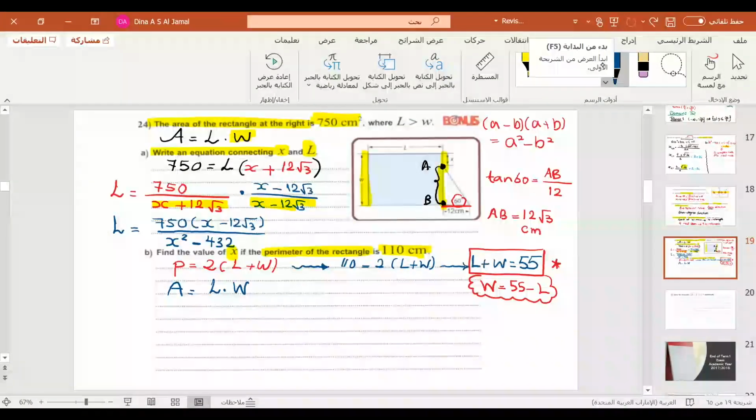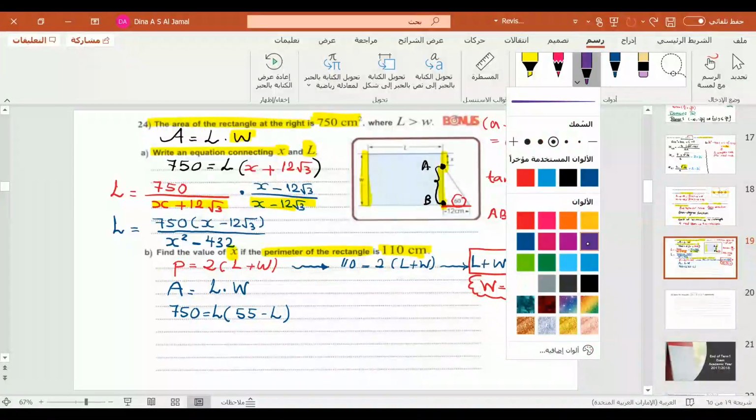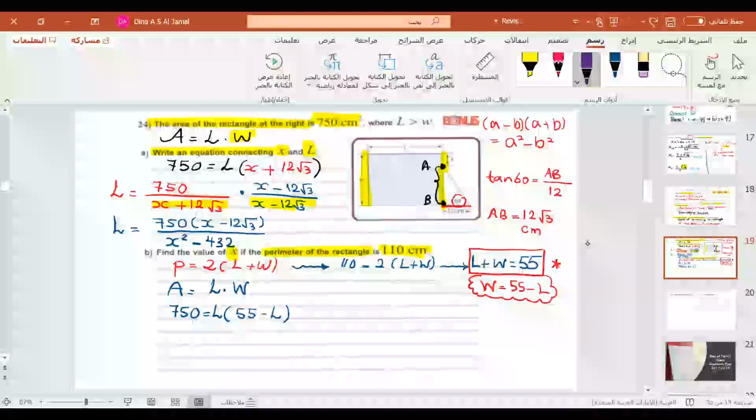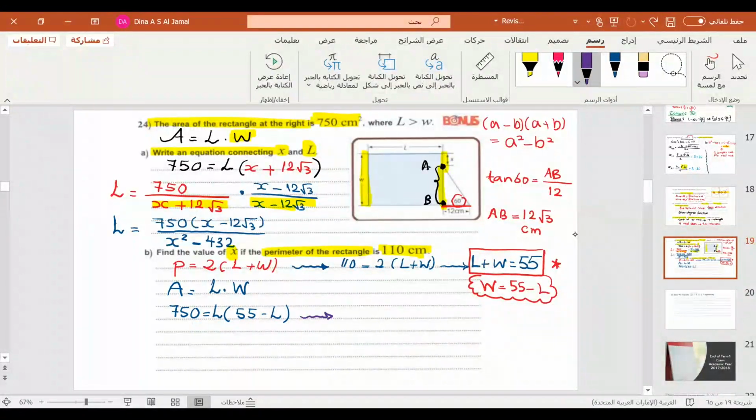So what is your area? 750 equals L multiplied by 55 minus L. So now you would like to have an equation with only one variable, which will be helping you to find one of the variables and use it later. So we can move it to have ax squared plus bx plus c is equal to 0. Distributive property here.